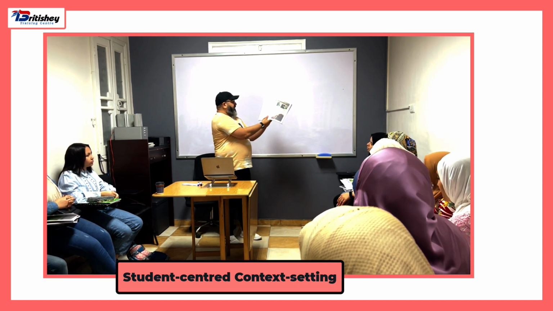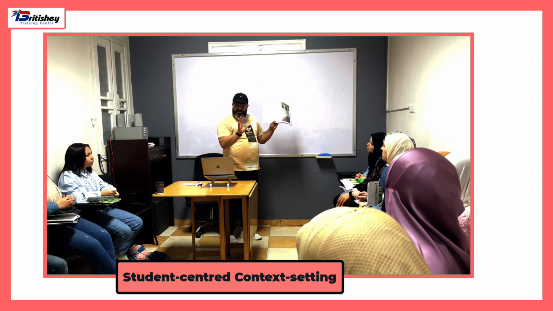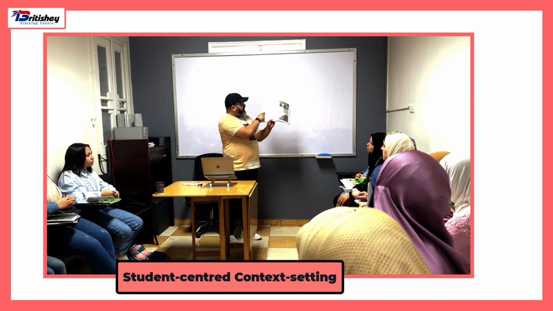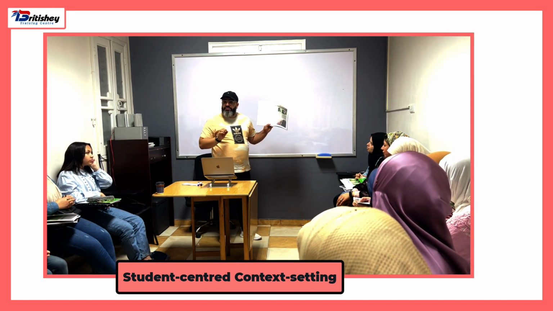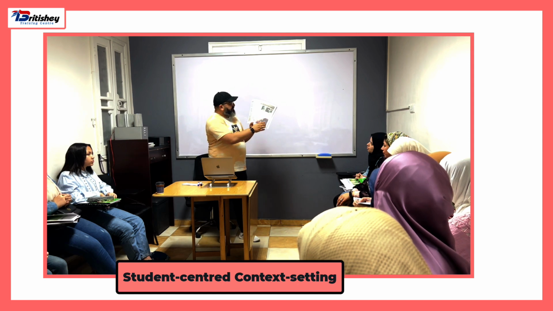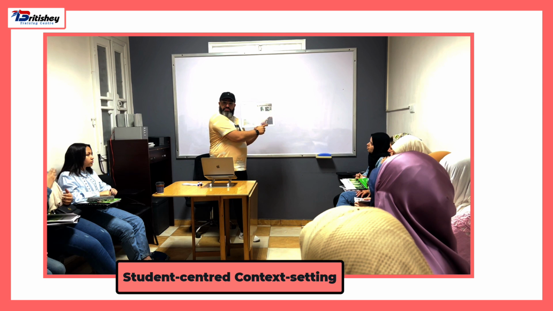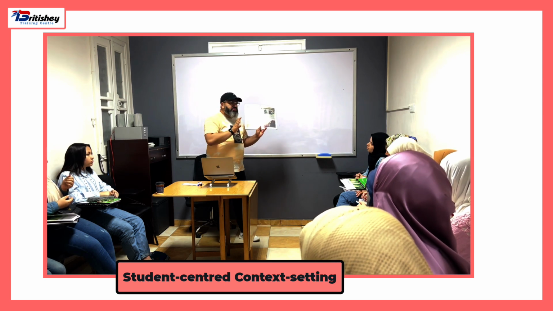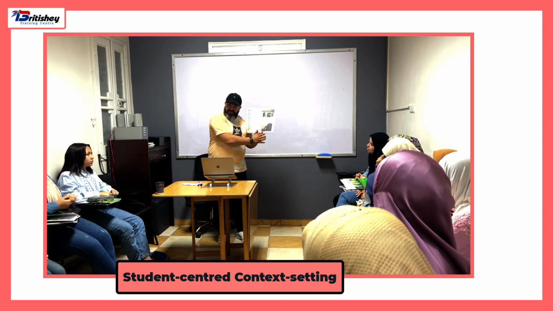What I want you to do is discuss with your partners what adjectives you would use to describe the birds in the photos. And look at this. We have 3 photos: 1, 2, and 3.